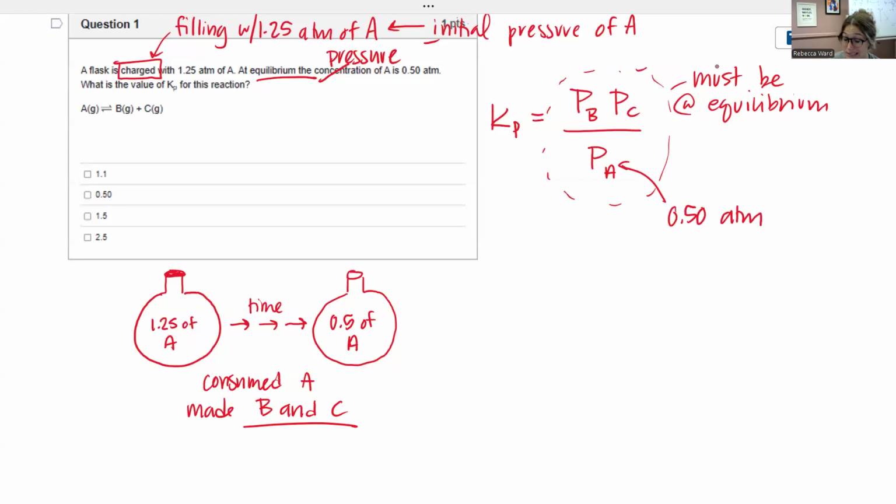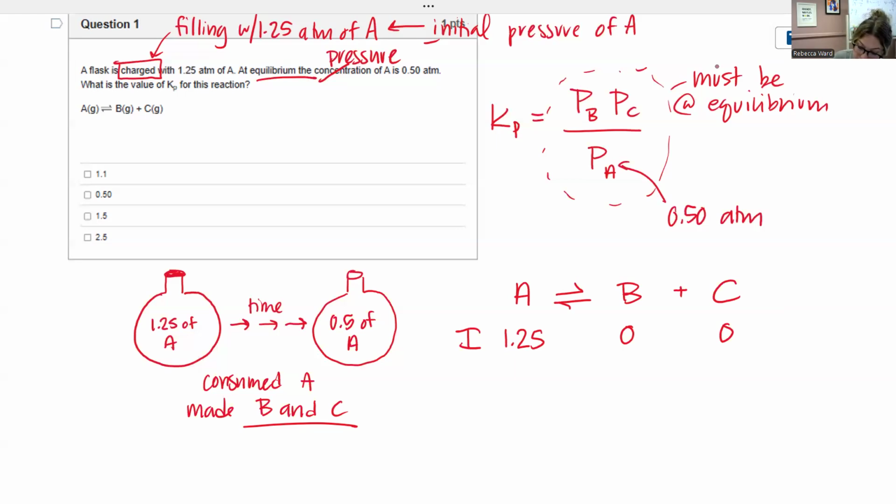The math here is not super hard, but let's set it up formally as an ICE table. So A goes to B plus C. They're all gases, so they're all included here. They all have a seat at the table. So initially, I have 1.25 atmospheres of A, and I have no B or C. Since the question doesn't say anything about adding B and C, we feel good about saying that that's 0 to start with.